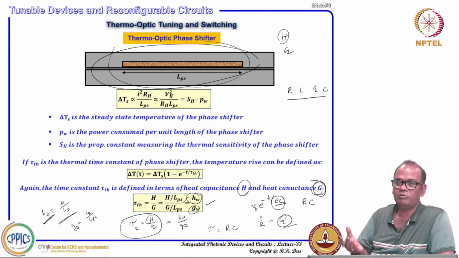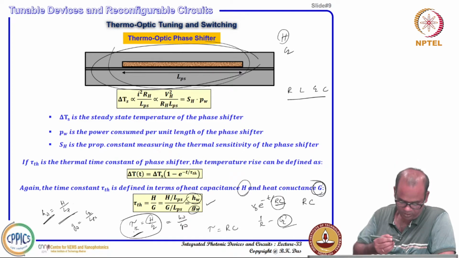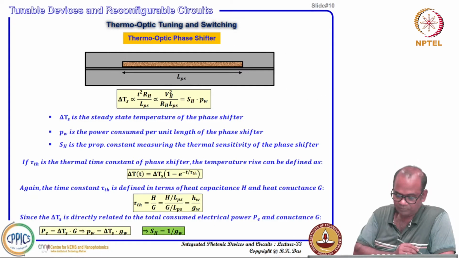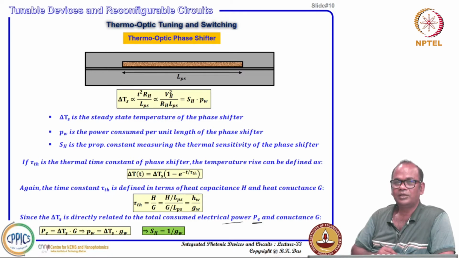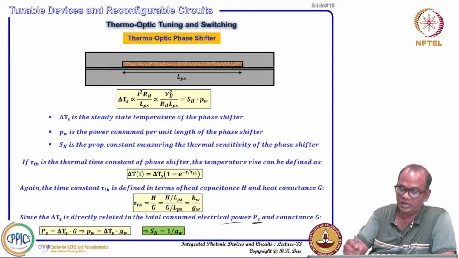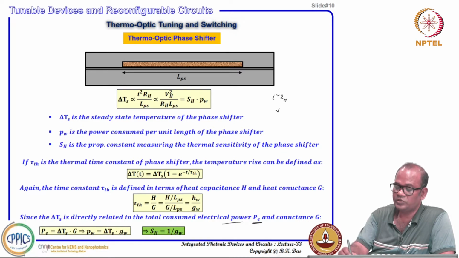So, that is how you can think of the modulation speed, the Thermo-Optic modulation speed, which entirely depends on the tau value, the thermal constant. Okay. So, next thing is that since this delta Ts is directly related to the total consumed electrical power P, that is nothing but I square RH or V square by RH.